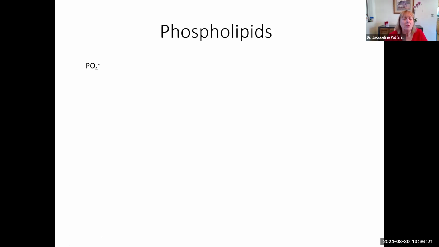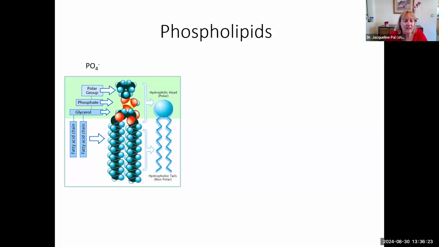So what has happened is we have taken our glycerol, which was not polar, and where one of the hydrogens was, we attached a phosphate, which is negatively charged. Now a polar group can attach to it. So we've got these little water molecules that can attach to the phosphate if we want.